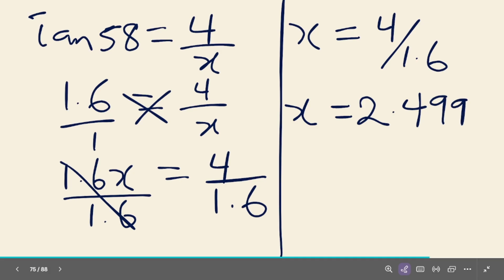So the question said to the nearest meters, more like a whole number. So what is the value here? 2. The value here is 4. And 4 is rounded down, not rounded up. So it means here will just be 2. So to the nearest meter, the length of the shadow would be 2 meters.